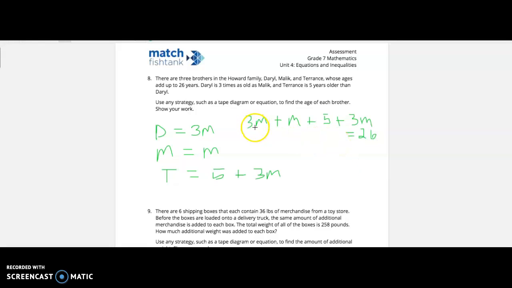So if we add this 3M plus this M, which is essentially just 1M, 3M plus 1M is 4M, plus 3M is 7M. So we have 7M, and then this 5, which we can't add to the M's because it doesn't have a variable with it. So 7M plus 5 equals 26.